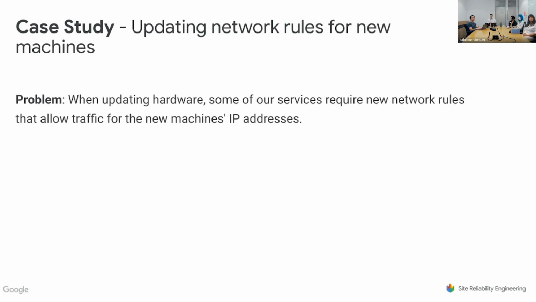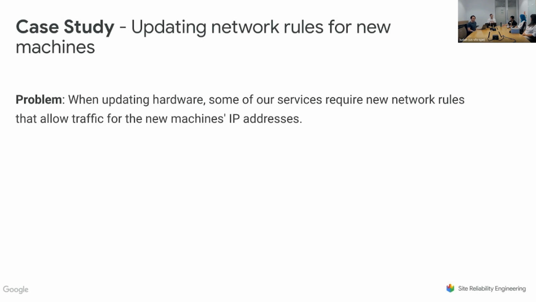When we get new machines, we also get new IP addresses associated with those machines. And those IP addresses need to be trusted in the software-defined networking stack at Google in order for the network to trust them and send production traffic to them. This requires adding new networking rules, like firewall rules, to that software-defined networking.